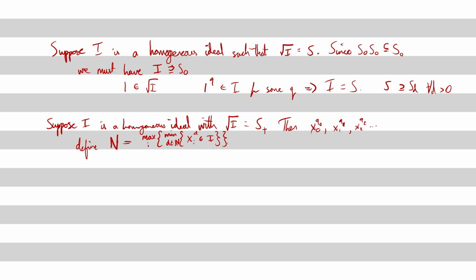This exists because for each xi there is some natural number. What we want to do is to consider some monomial.